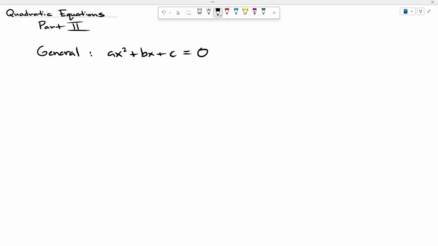And previously we had looked at solving quadratic equations using factoring, and then we also looked at the square root property.